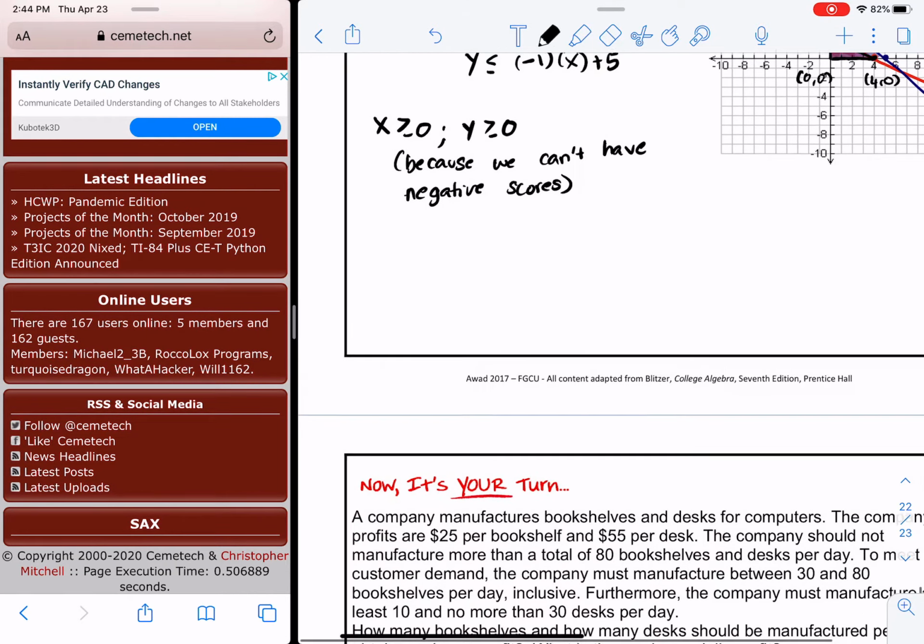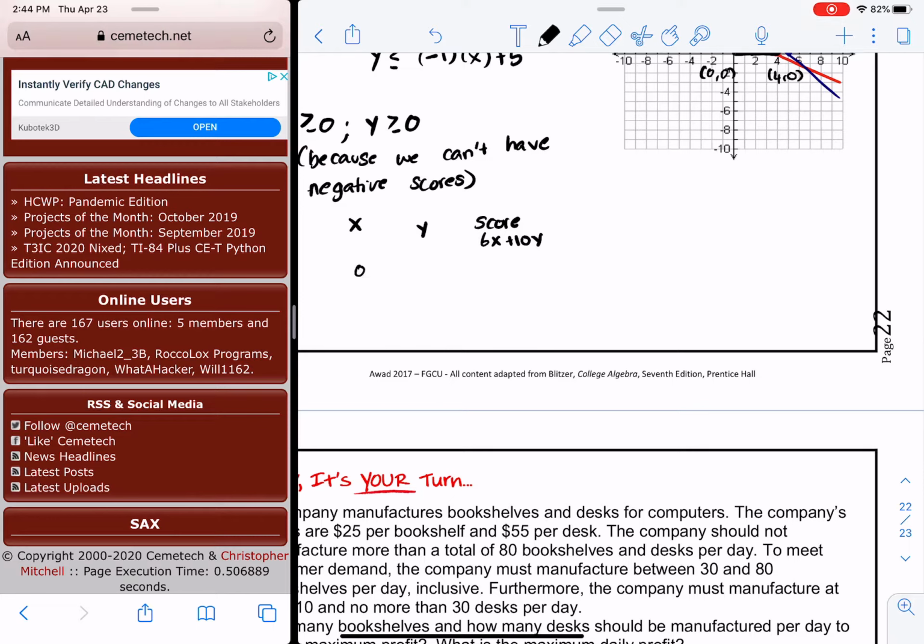Now we can evaluate the objective function, which is the score, and we have that written as 6x plus 10y. So 0, 0, 4, 0, and 0, 2.